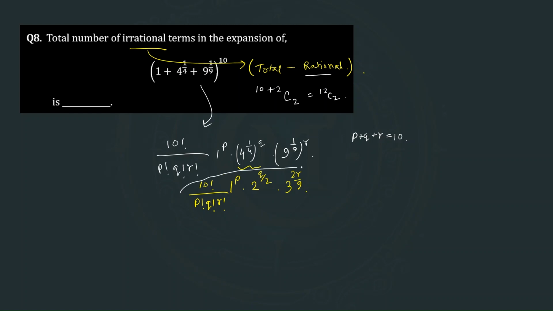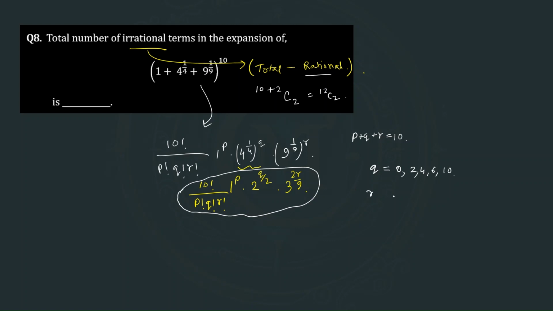Now we can say by this general term that terms will be rational when q will be a multiple of 2 and r will be a multiple of 9. So q can be equal to 0, 2, 4, 6, 8, 10, because all of this P, Q, R varies from 0 to 10.